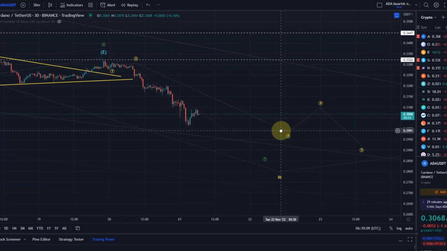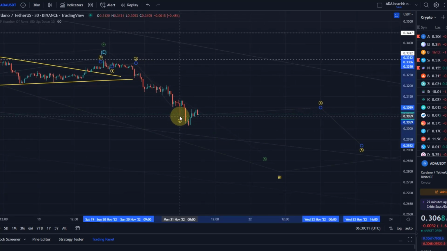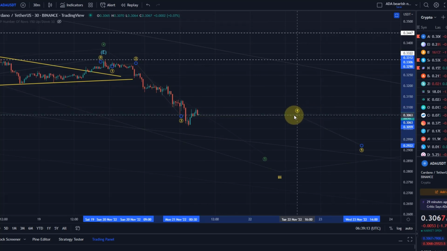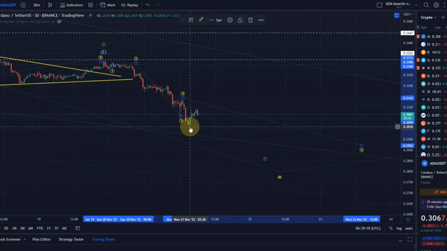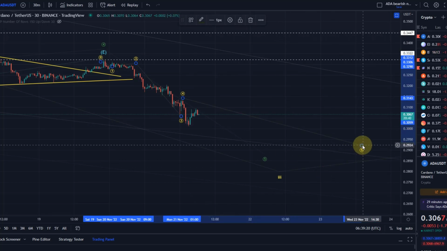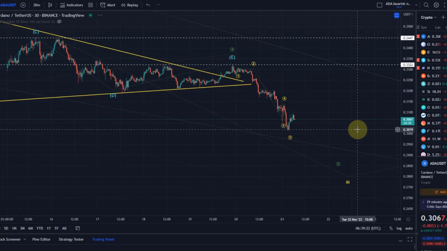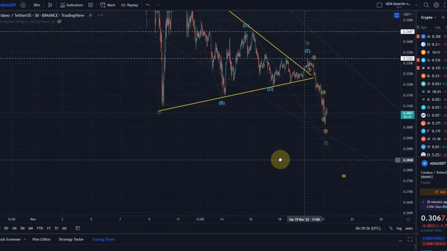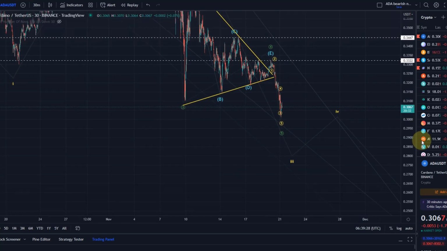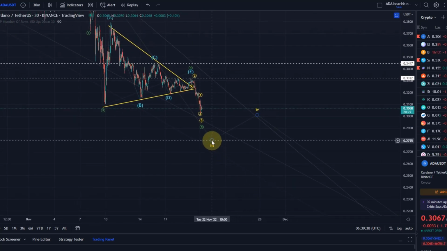So I would say that wave 3 was in here, the wave 4 probably here, and then with that dip to around 30 cents, this was a wave 5, and this would finish off this wave 5, but it would only be an overall third wave.